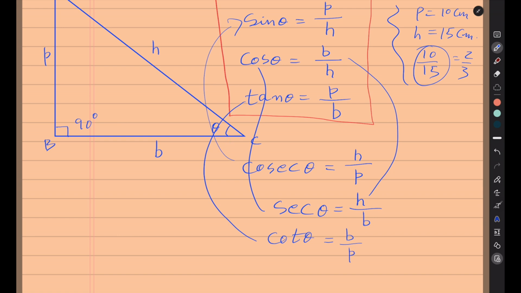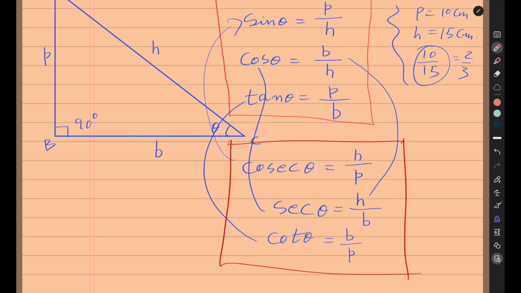So these are three ratios which are in a way inverse ratios of sine, cos and tan. But the basic ratios which we will concentrate upon are sine theta, cos theta, and tan theta.